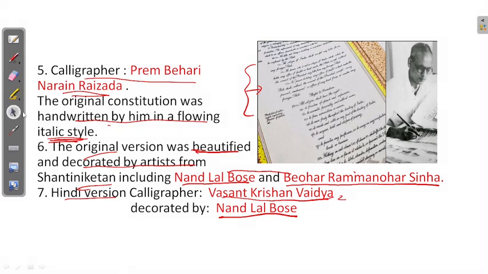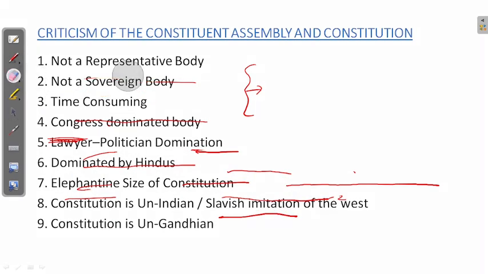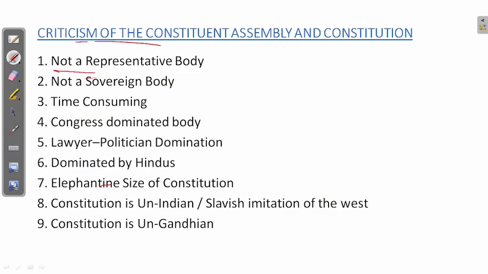Now let us see the criticisms of the Constituent Assembly and Constitution. First criticism: not a representative body. Why? Lots of critics argued that its members were not directly elected by the people of India on the basis of universal adult franchise.